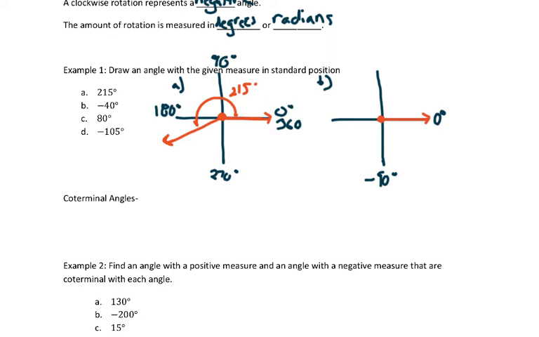If I go straight down and then to the left, this would be negative 180 degrees. If I go past negative 180 and then go up, I'm at negative 270 degrees. And if I make a full rotation in a clockwise motion, I'm at negative 360 degrees. So negative 40 is between 0 and negative 90, so it's got to be here. And it's this angle right here, negative 40 degrees.